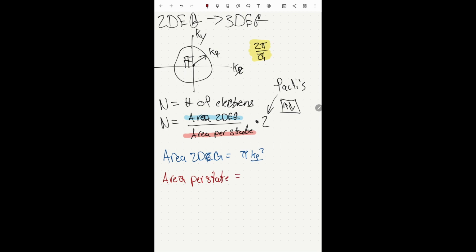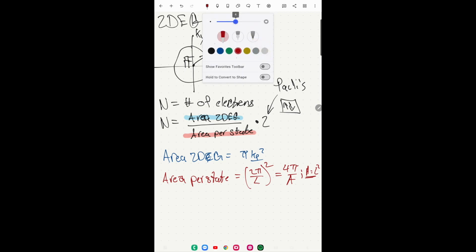This is where the units of 2 pi come in, because each side of one of these states has length 2 pi over L, and since we're talking about squares, we just square that, and we write this as 4 pi squared over A, where A is equal to L squared. So A really just represents our area. No reason to complicate things.